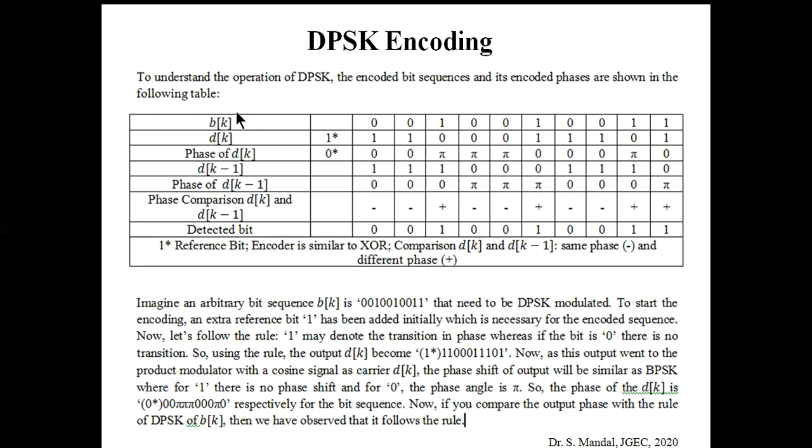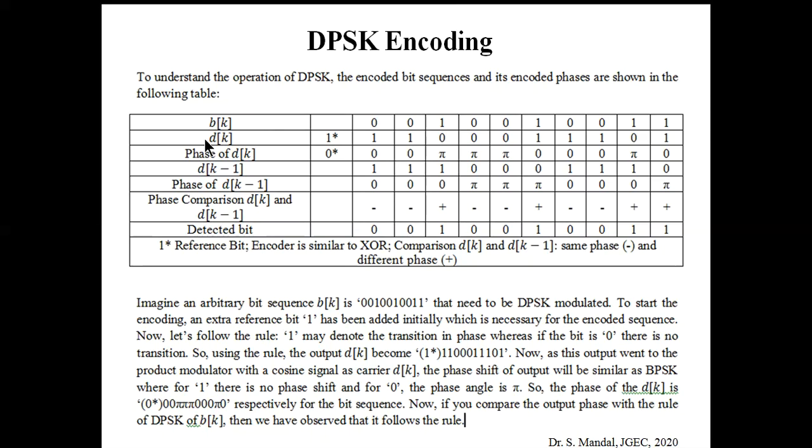Like consider the input bit sequence is bk, which is given by 00010010011. So imagine an arbitrary bit sequence. Okay, so our objective is to create a DPSK signal corresponding to this bit sequence.